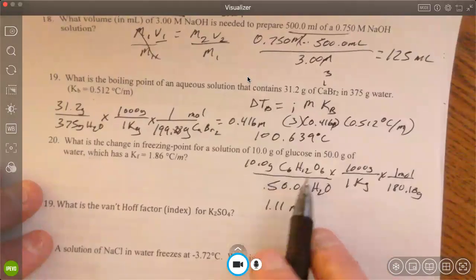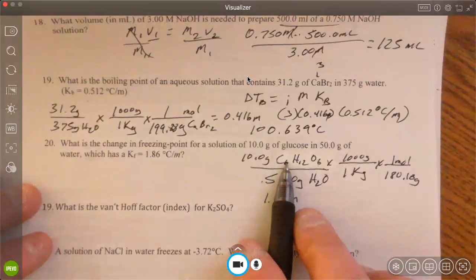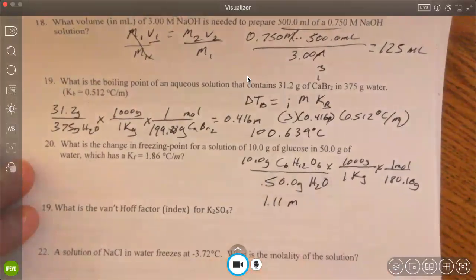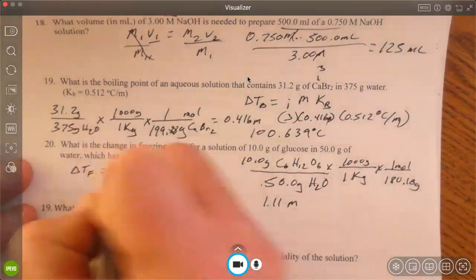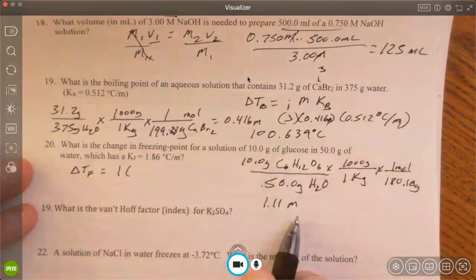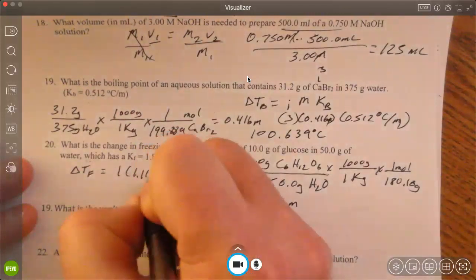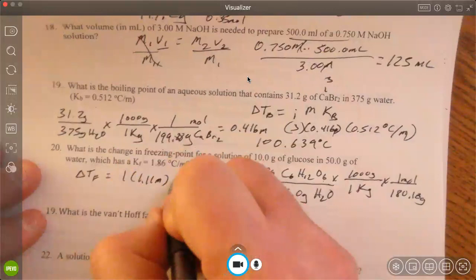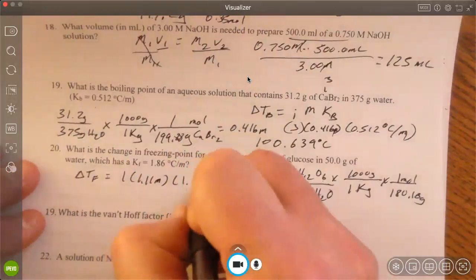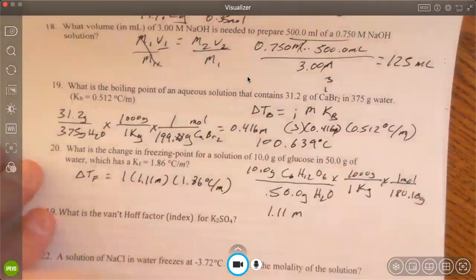Now, glucose, carbon is a nonmetal, so this is not going to separate. So the index is 1. Molality is 1.11. And we have the K sub F is 1.86 degrees Celsius per molal.